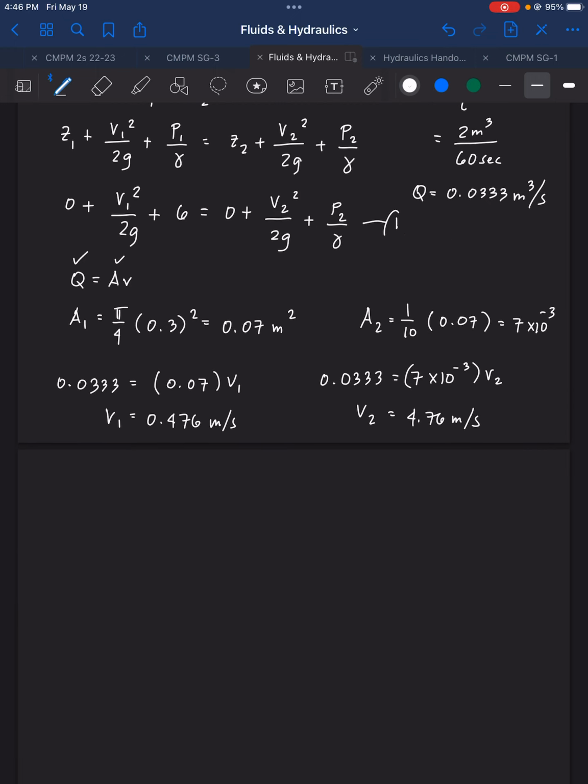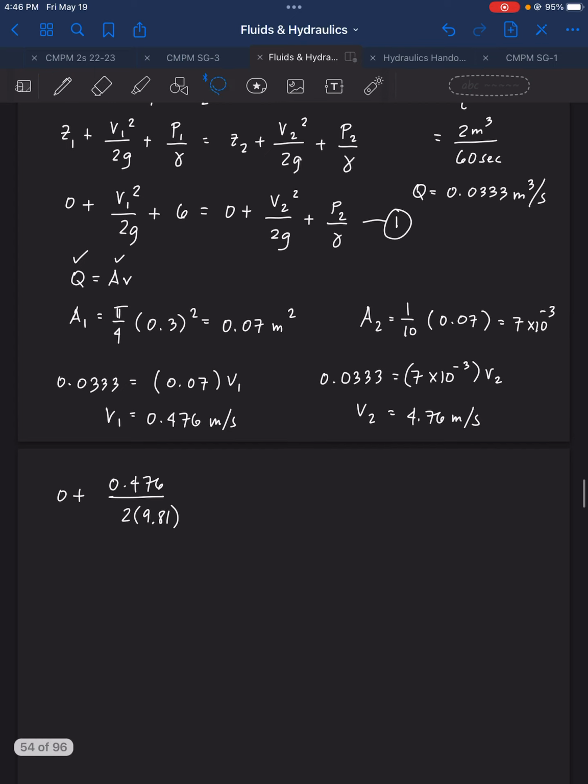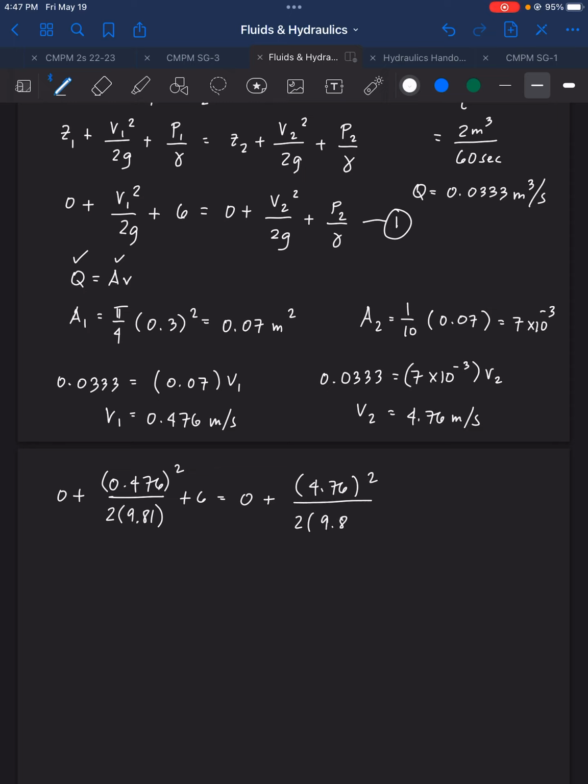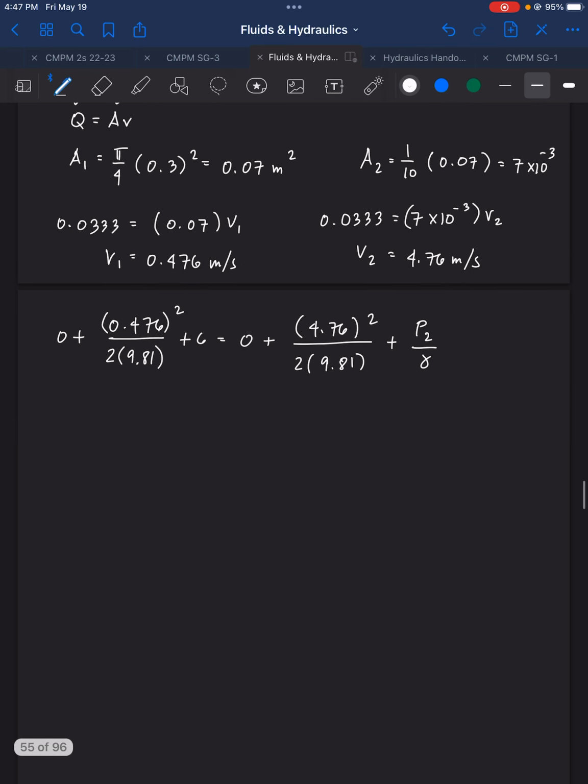Then substitute into this equation. We have 0 plus V1, 0.476, squared over 2 times the acceleration of gravity, plus 6, equals 0 plus velocity 2, 4.76, squared over twice the acceleration of gravity, plus the pressure head at point 2. Therefore, the pressure head at 2, P2 over gamma, is equal to 0.476 squared over 2 times 9.81, plus 6, minus 4.76 squared over 2 times 9.81.